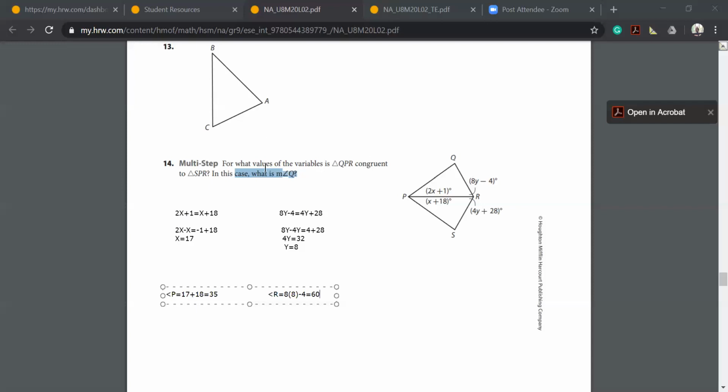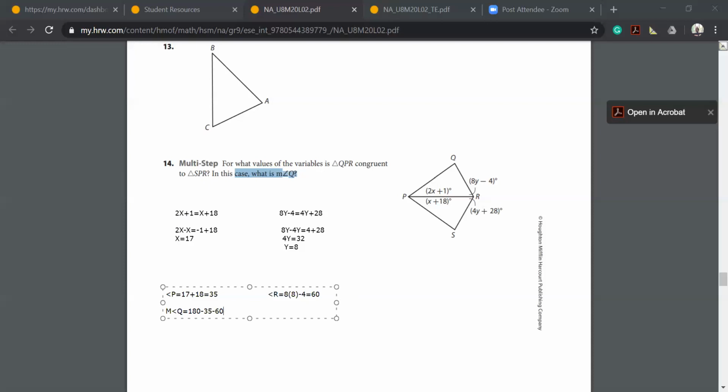He is telling you to find measure angle Q. If this is 35 and this is 60, how can I find measure angle Q? Didn't we say that for any triangle, the three angles are 180? So if I know two of them, I will subtract them from 180 to find measure angle Q. So measure angle Q is 180 minus 35 plus 60, or you can do it, if this will confuse you, minus 35 minus 60.